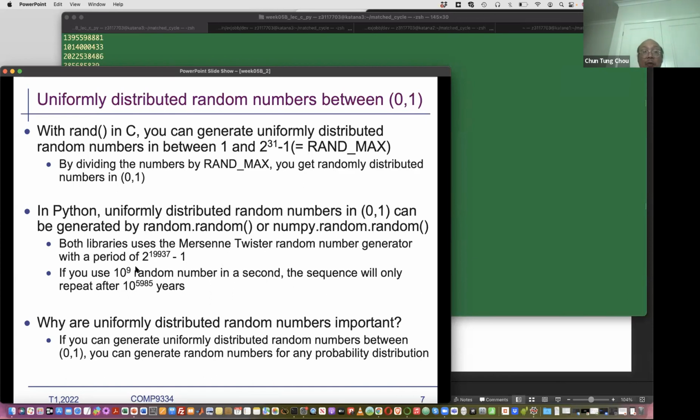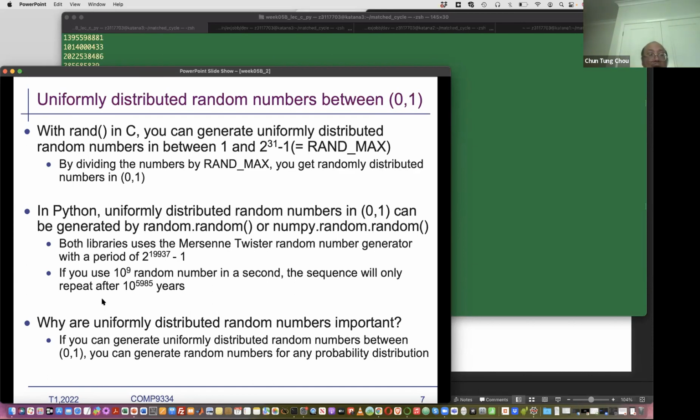But if you are going to use 10 to the power 9 random numbers in a second, the sequence will only repeat after this many years. So there's no chance for you to repeat the numbers, except if you start with the same seed. What I'm telling you is, if you use Python, you have a very powerful random number library, and you can make sure that the numbers do not repeat.